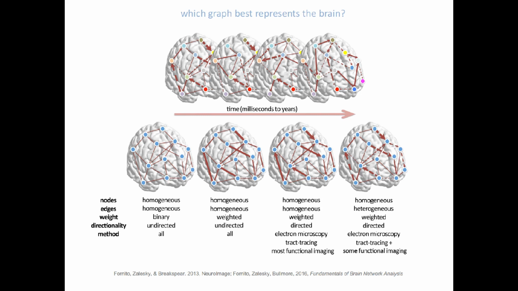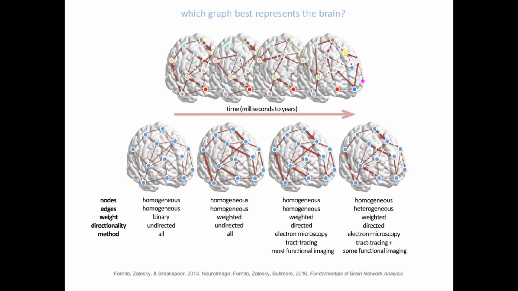Now, graph theory provides us with a formal framework for incorporating all of these aspects. It is possible, but largely due to the limitations of our measurement techniques, most people have focused on just the simplest case, binary connectivity. And as you get to these more complicated cases, looking at heterogeneous edges and directionality and so on, this is possible with more invasive techniques, so electron microscopy and so on, or perhaps using sophisticated modelling such as DCM for fMRI.